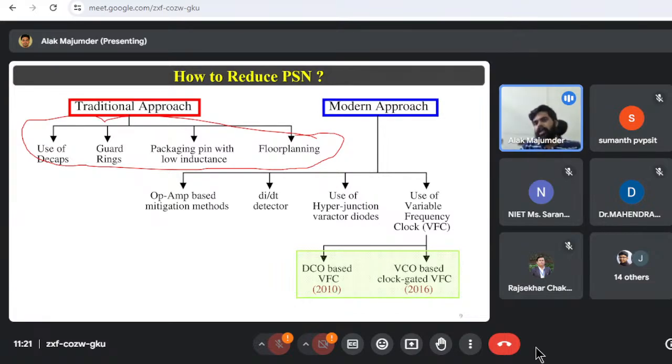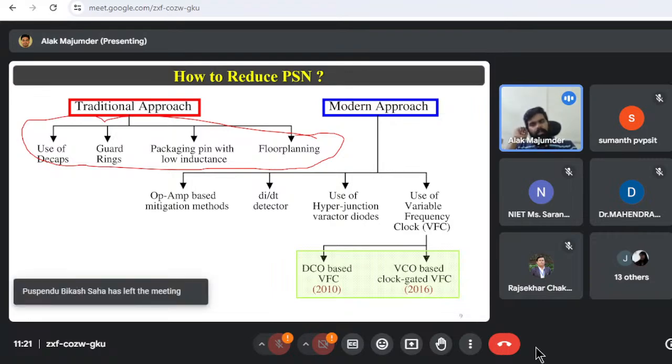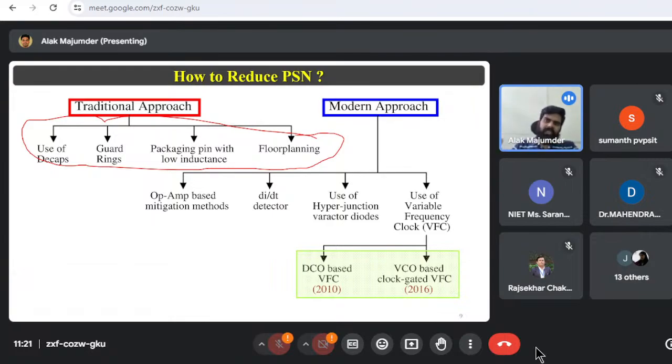But there are some modern approaches where circuits are being incorporated. There are op-amp based circuits, the di/dt detector circuit, varactor diodes also people have used. And very recently, from 2010 I think, IBM proposed the concept of variable frequency clock. This is the term I'm mostly interested in for this particular lecture.